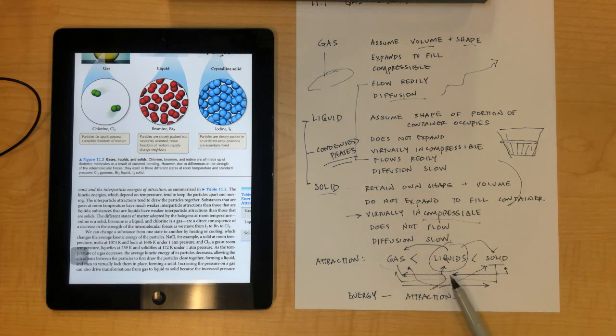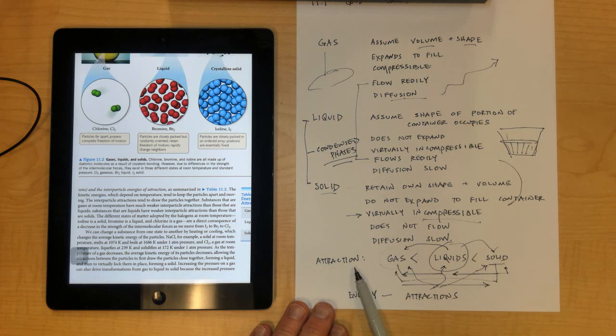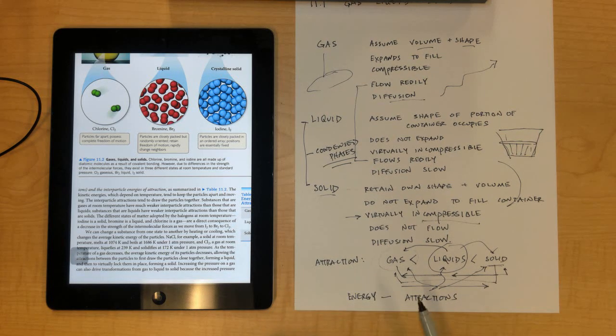Liquids are usually in the middle, and then solids have the least amount of kinetic or moving energy, and therefore they would stick together the best. So in Chapter 11, as we go along, we'll talk a lot about these attractive forces, and we'll look specifically at these interparticle attractions and the energy needed to separate them and change from one phase to another.